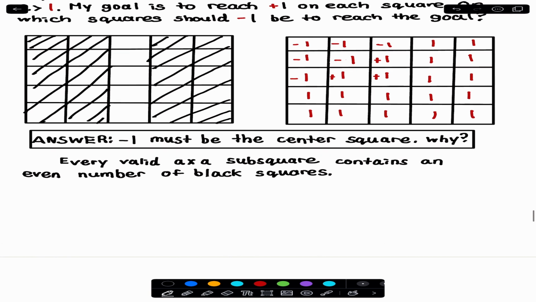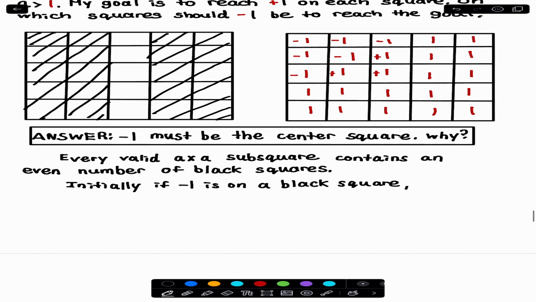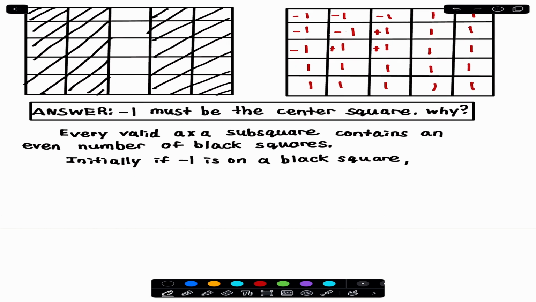So let's consider what happens if -1 is on one of these black squares. So if at the start, at our initial position, the -1 is on a black square, after however many operations, no matter how many moves you make, there will always be an odd number of -1s on the black squares.